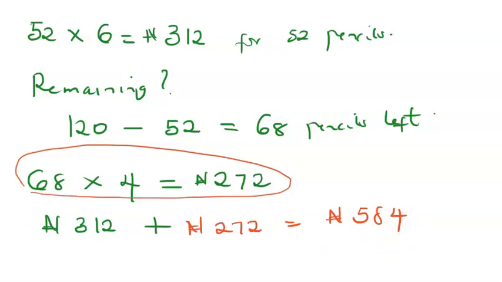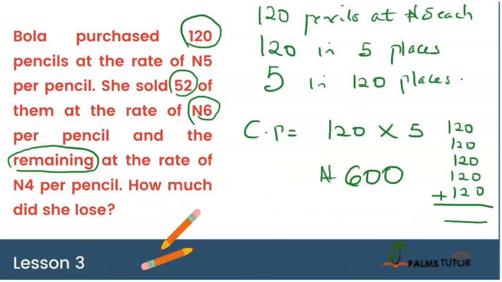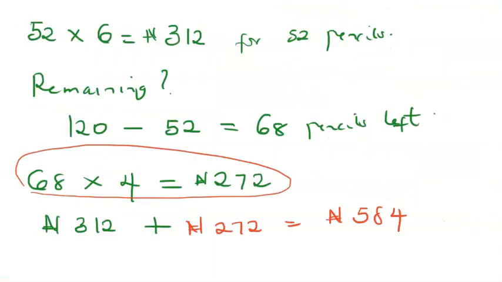But what was her cost price? Let's see, what was her cost price again? Can we remember? 600 naira. This was the cost price. But altogether, because she sold at those prices, she made 584. So what's the loss? Let's calculate the loss. The loss would be 600 naira minus 584.